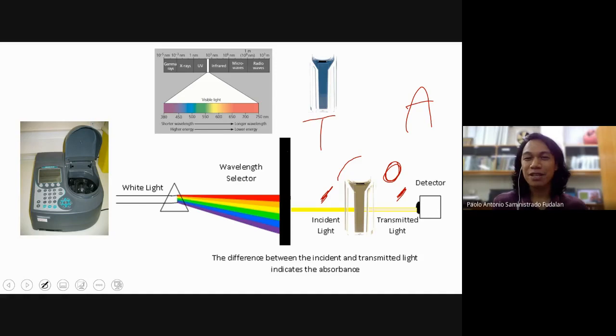So the spectrophotometer may also measure how much light passes through. That's transmittance. Or it may measure how much light is blocked or absorbed. That's absorbance. And not only that, our spectrophotometer is also able to produce what we call an absorption spectrum, which in our next lesson in the lecture on photosynthesis, I will be talking about, the absorption spectrum of chlorophyll, and we can use the spectrophotometer to make just that.